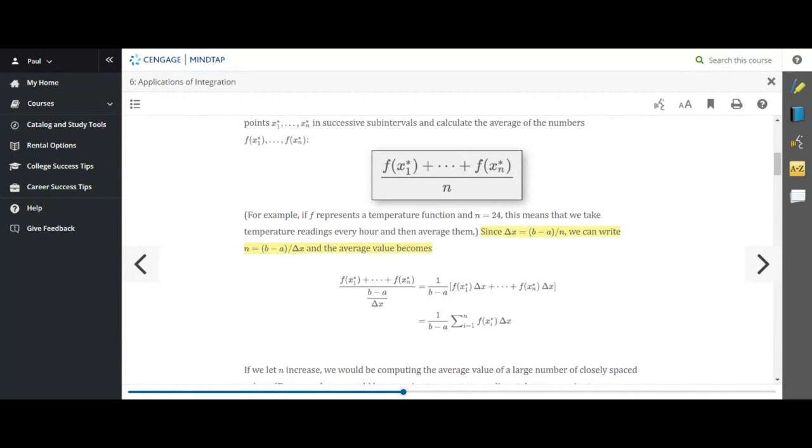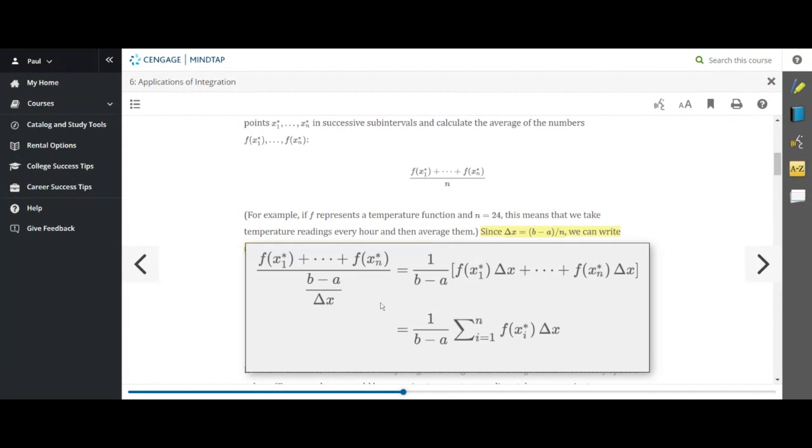But we can replace N with B minus A divided by delta X. Because if delta X is B minus A over N, I can go to the whiteboard just to show this. It's not hard.